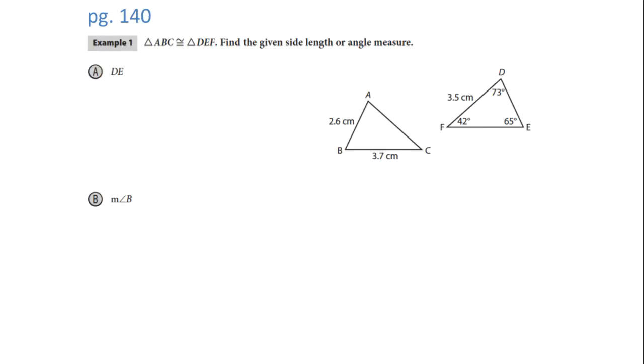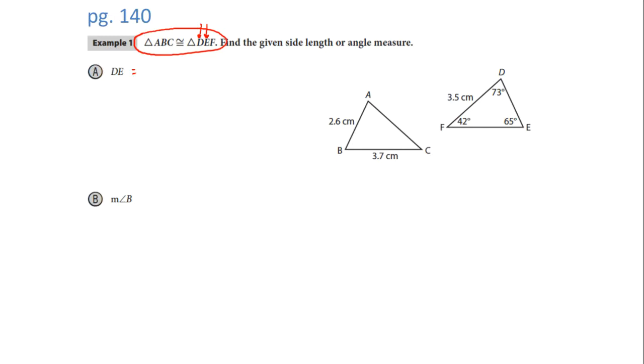Let's move on to example 1 here. And again, please note right off the bat, we are told that ABC is congruent to DEF. That tells us a ton, because that tells us what pieces correspond to what other pieces. So I'm going to observe, looking at the congruence statement, DE, those are the first 2 letters over here.